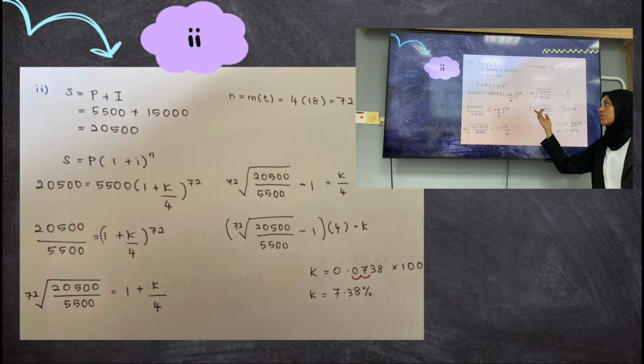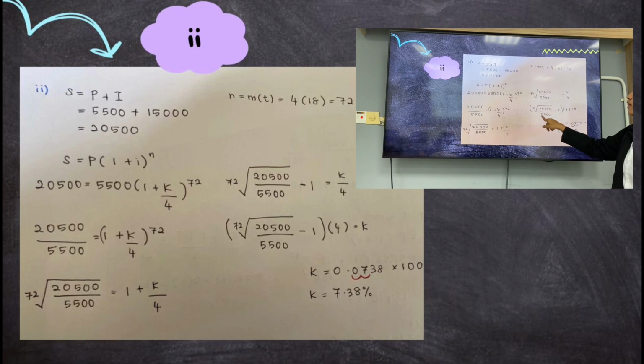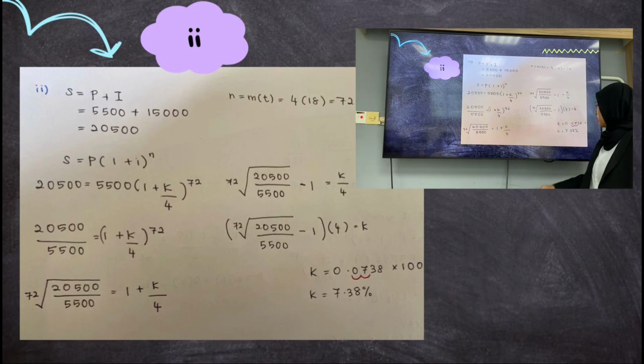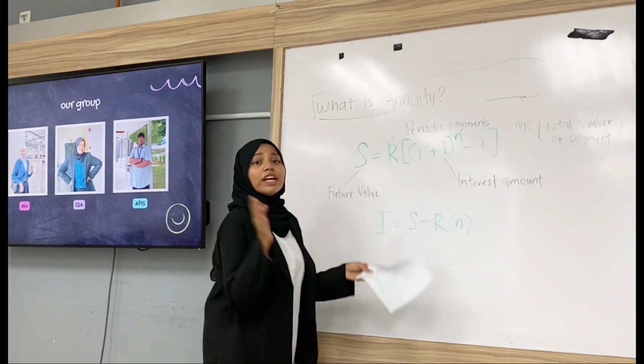Then (the 72nd root of 20500 over 5500 minus 1) multiplied by 4 equals k. So we got the answer k equals 0.0738. We need to multiply by 100. So the last answer is k equals 7.38%.